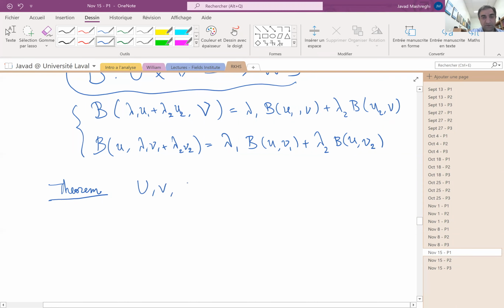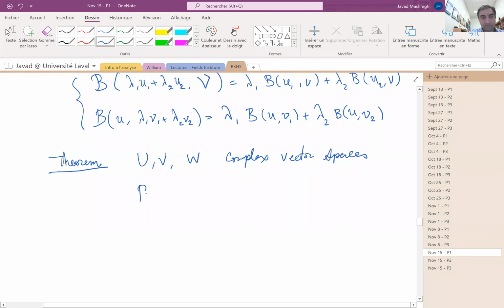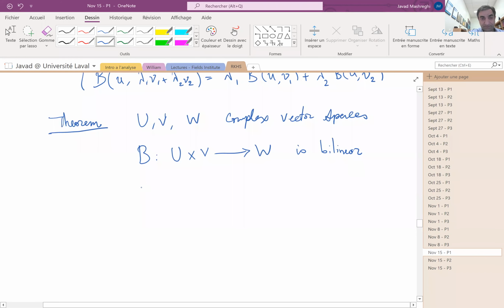So U, V, W are complex vector spaces. And B, as above, from U Cartesian product V to W is bilinear. Then there is a unique map, unique linear map.